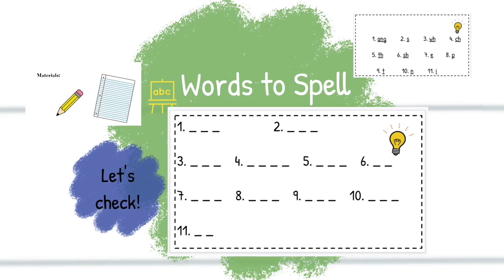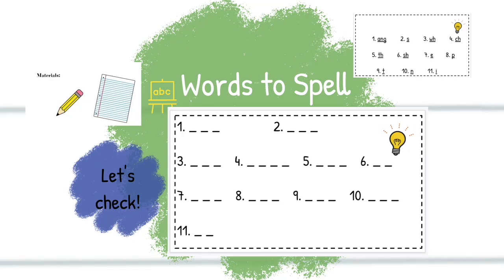Okay, so the first word is sit. Sit. Sit. Good. S, i, t. Sit. So 3 sounds. Say those sounds as you write it. Number 2, thin.